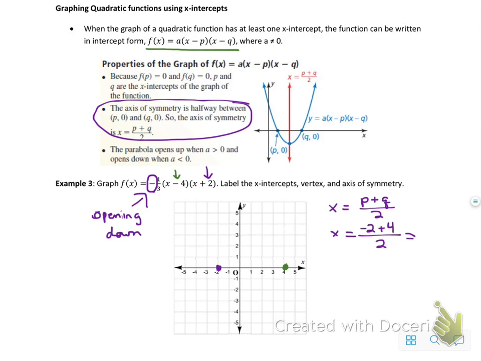Negative 2 plus 4 is 2, over 2, and that's just 1. So we can label our axis of symmetry, because it tells us to. That's going to be at 1. So let's put a line here. That's the axis of symmetry.